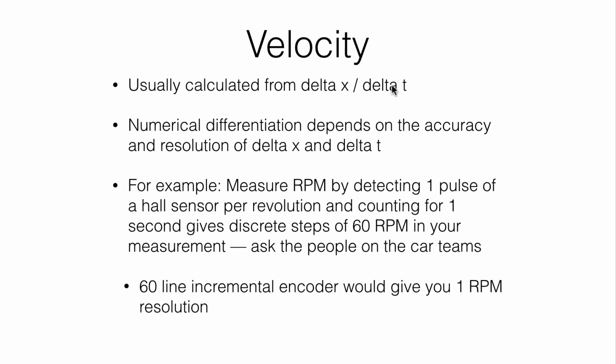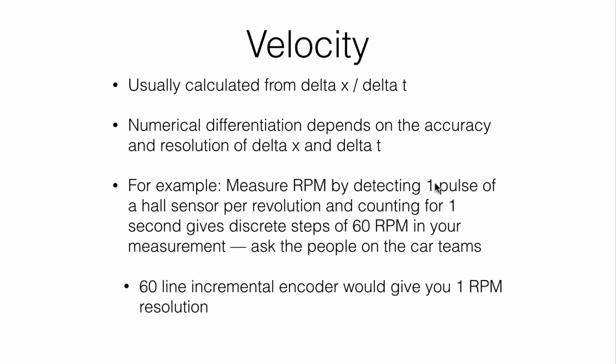As an example, you might measure the RPM of an engine by detecting a pulse from a Hall sensor every time the engine went around. If you count the number of pulses over the course of 1 second, that would be the number of revolutions in a second, and you would be able to calculate the revolutions per minute by multiplying that by 60.